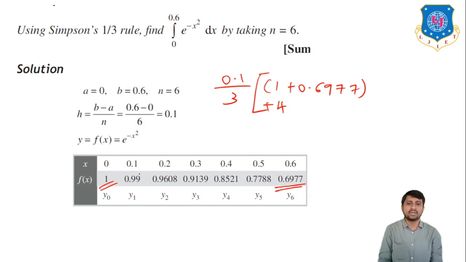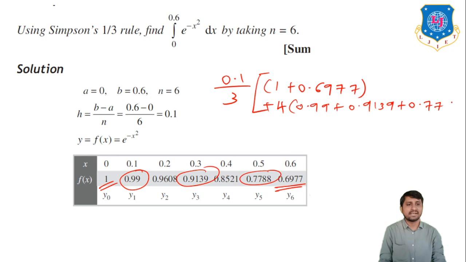Plus 4 into all odd entries, so y1, y3 and y5: 0.99 plus 0.9139 plus 0.7788. And plus 2 into 0.9608 and 0.8521.